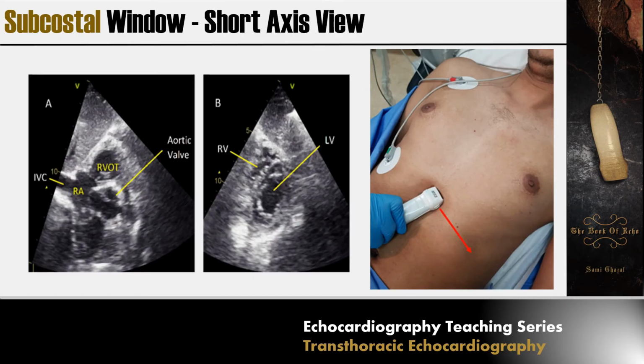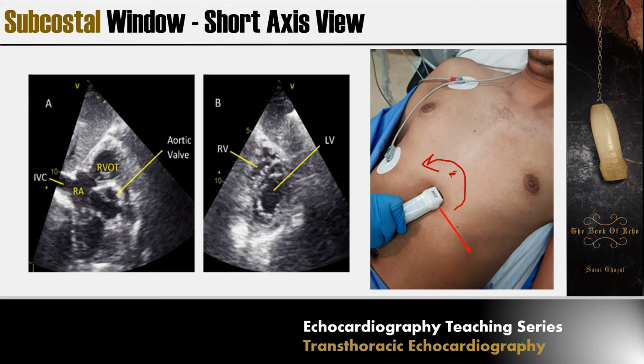From the subcostal window, the four-chamber view, now you have to rotate the probe counterclockwise so the index will be anterior, and by doing this you will get the short axis view.